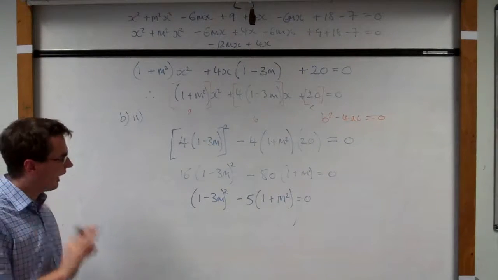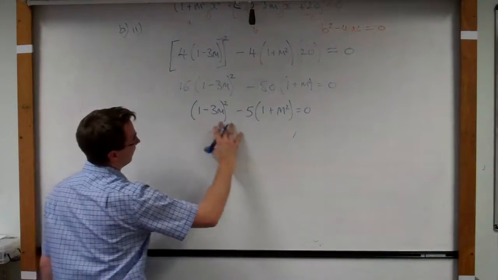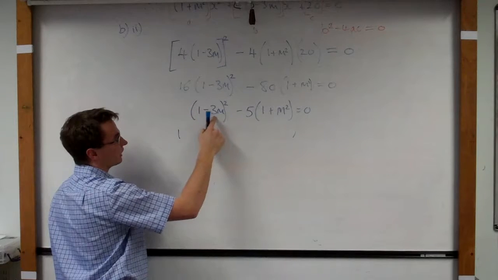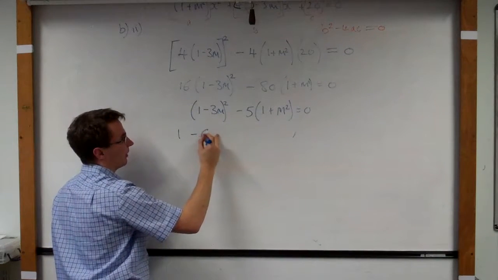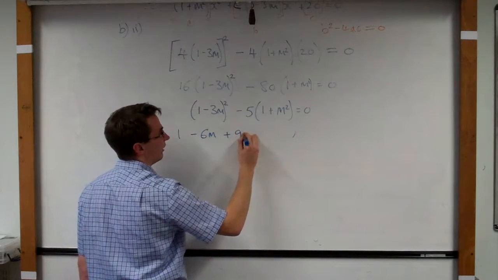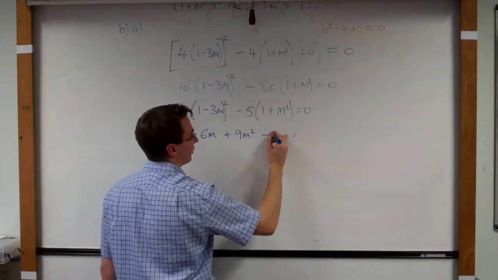Now, just got to go careful, take my time, and make sure I expand all of this correctly. So, 1 squared is 1. These two multiplied together is minus 3m. I got that twice, so that's minus 6m. And then this squared plus 9m squared. Minus 5 times by the 1, minus 5.